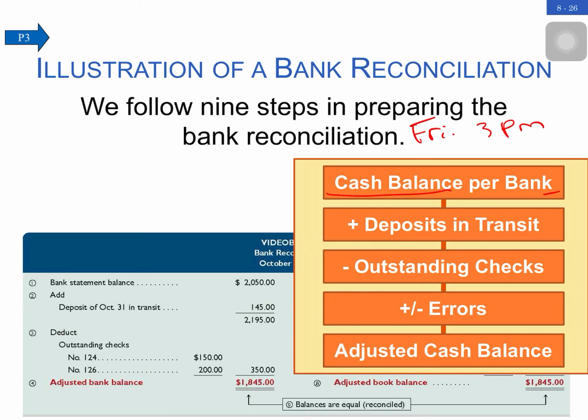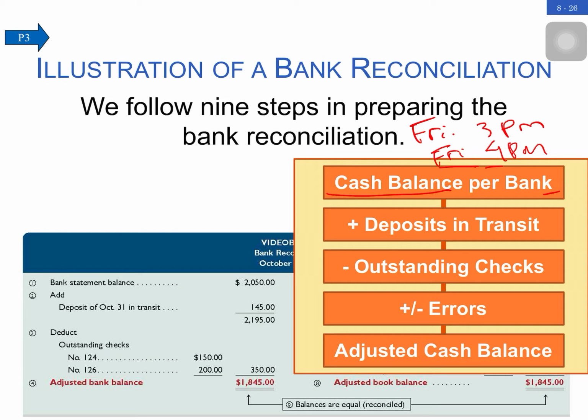So when you print the bank statement on the same Friday at 4 p.m., the money that you should receive from Malaysia will not be recorded there.